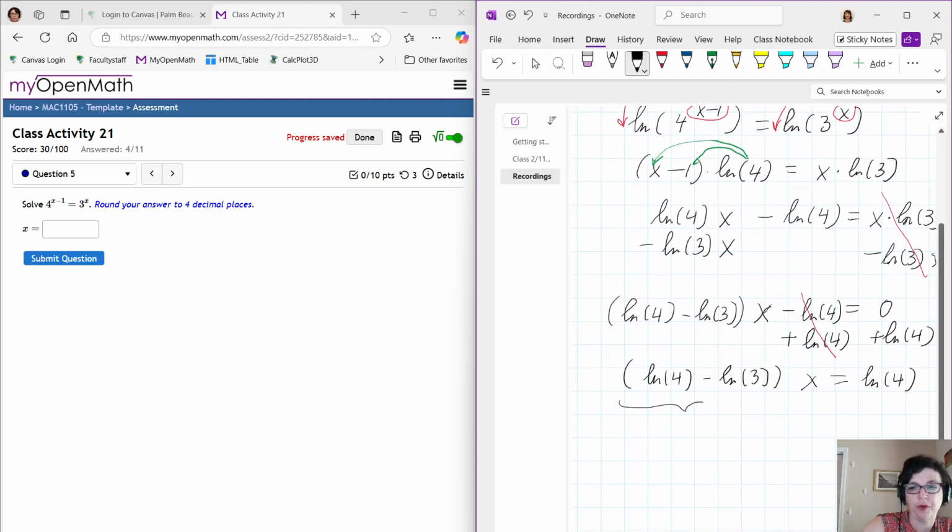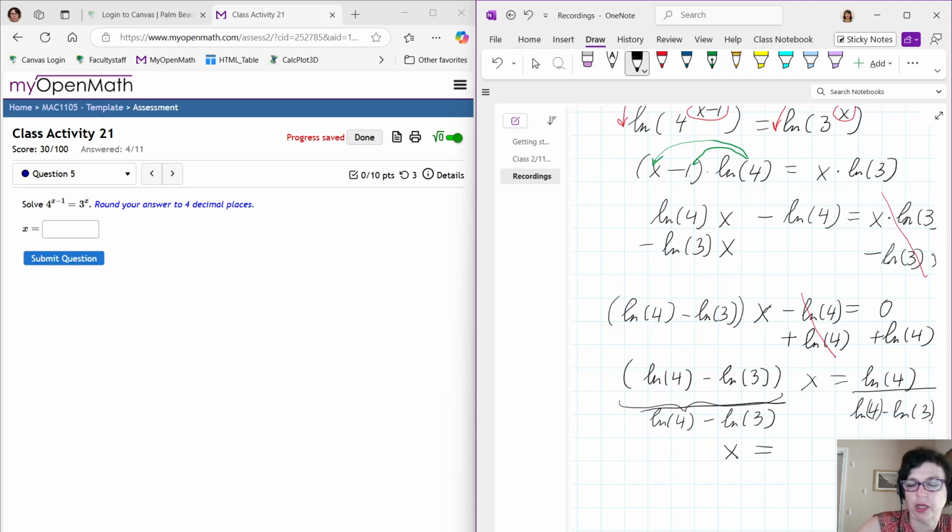Finally, whatever this thing is, I will divide both sides by it so that it cancels. At this point, if you want to, you can put this on a calculator, but I will not yet. I will still leave it as ln of 4 minus ln of 3. So I'm dividing this whole thing, and I'm doing the same thing on the other side. By the way, this can be simplified using another rule of the logs as log of 4/3, but you don't have to.